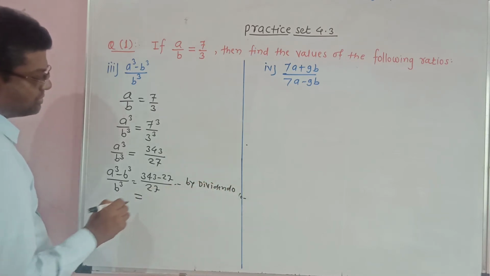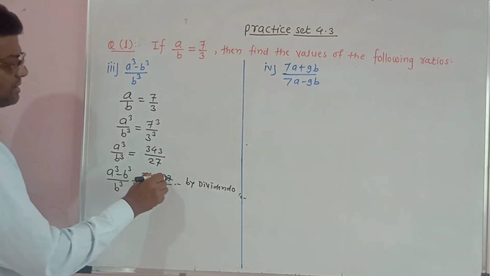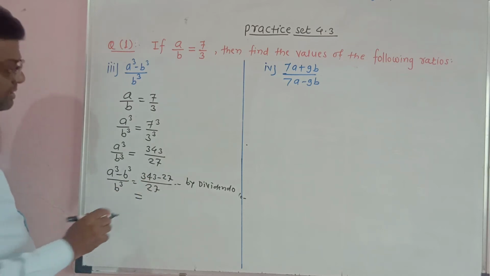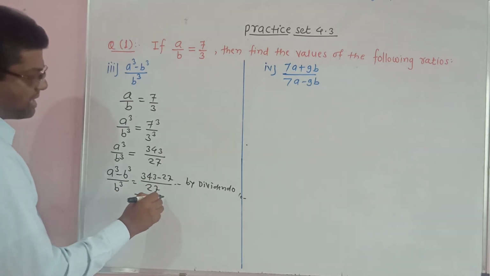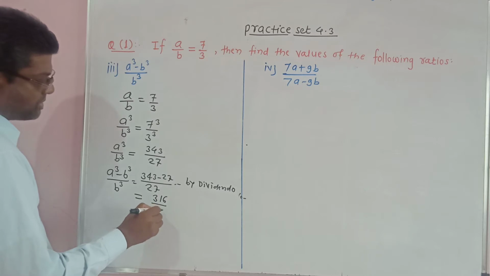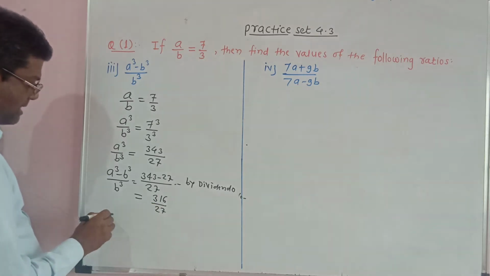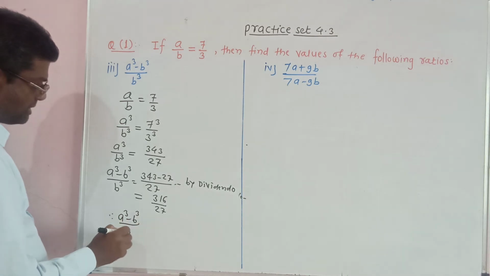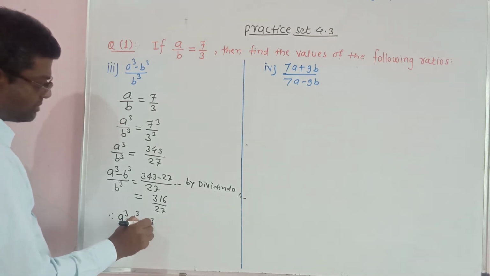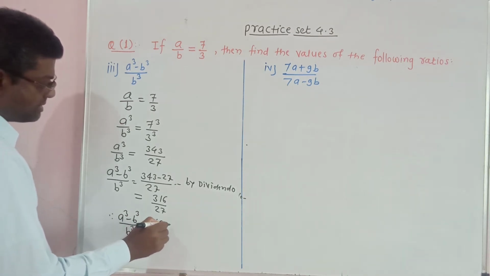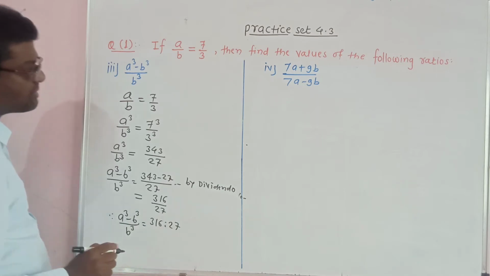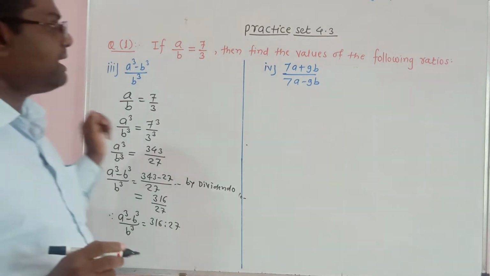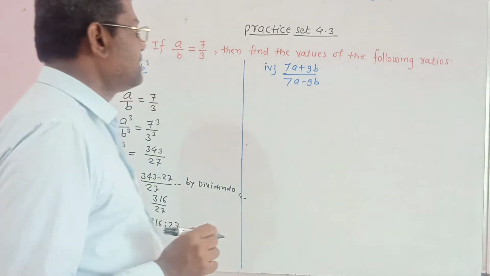So 343 minus 27 is 316 upon 27. Therefore a cube minus b cube upon b cube is equal to 316:27.